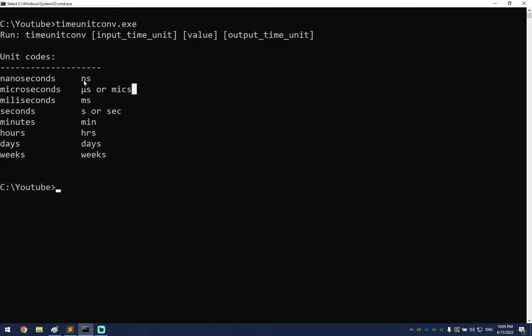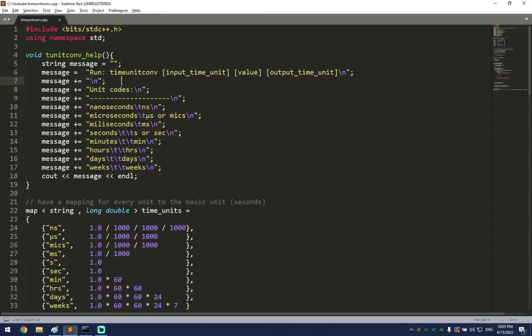And I explain to the user what unit codes he should use to represent each time unit, okay? So this is a pretty simple output of a string, okay? So we have a string, we put this into lines, and we just output the string, okay? This is a very simple function.